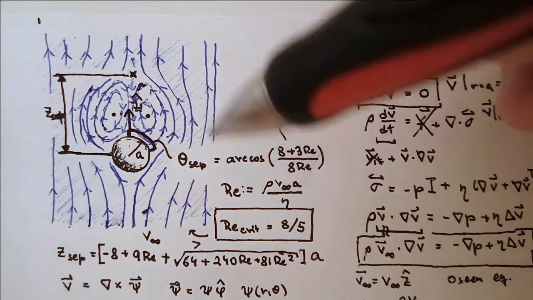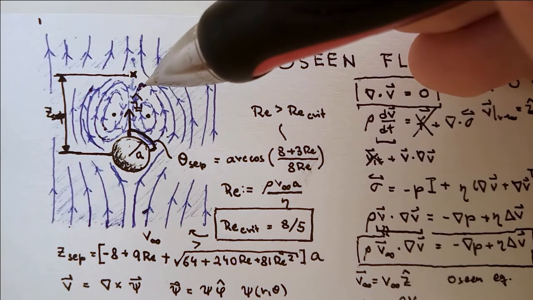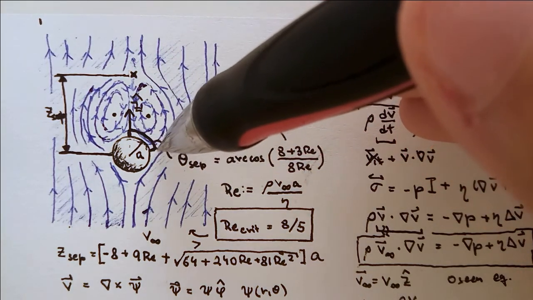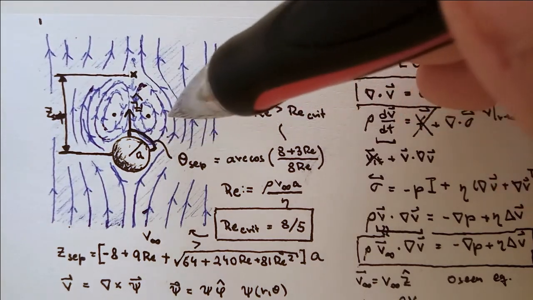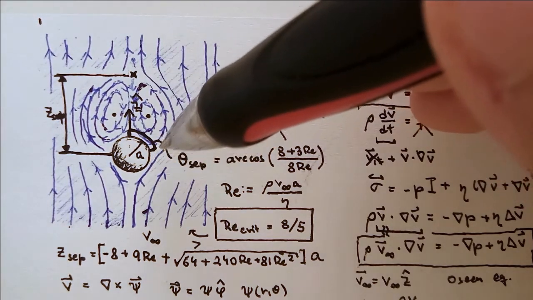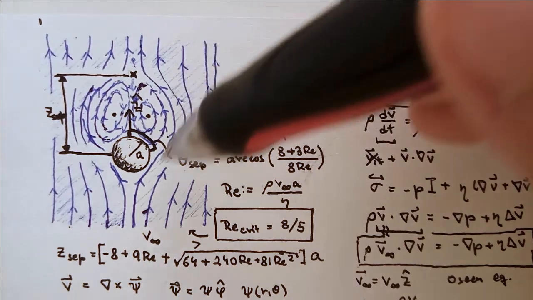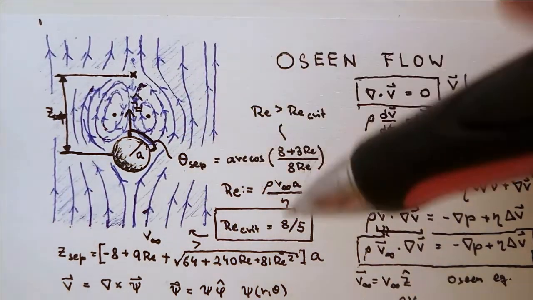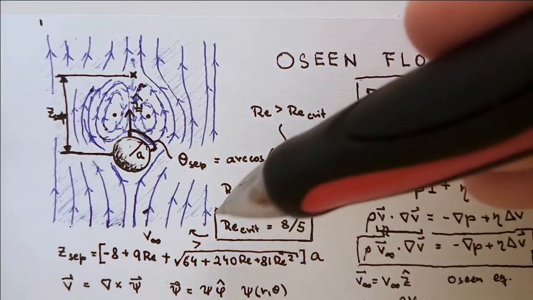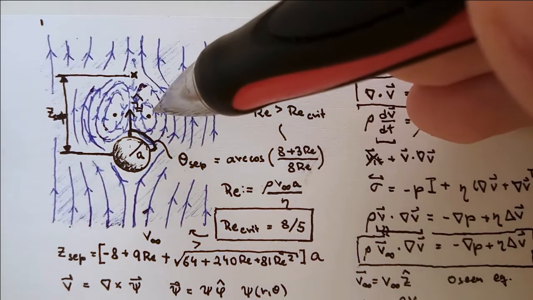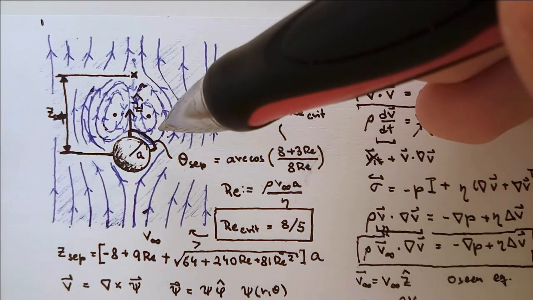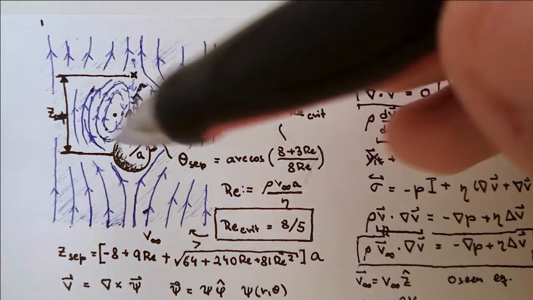You can find, for example, the separation angle where the fluid is separated from the surface of the sphere and changes its direction. And you can also compute the critical value of Reynolds number when this picture arrives to reality, because otherwise there are no vortices.